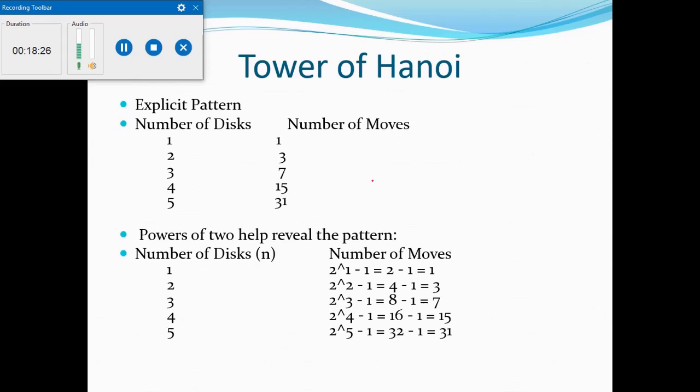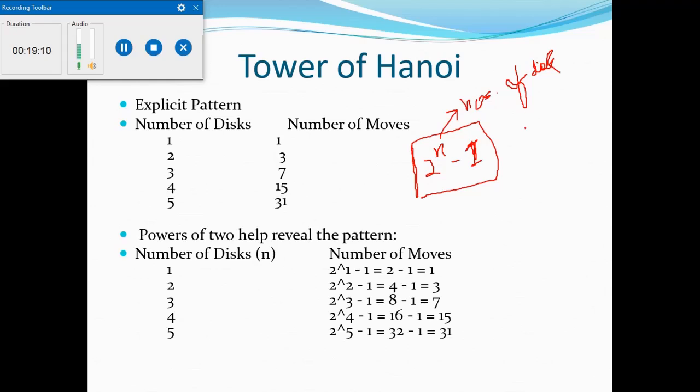One different way to solve this is 2 raised to the power n minus 1 moves. That is the number of moves required, 2 raised to the power n minus 1, where n is the number of disks.